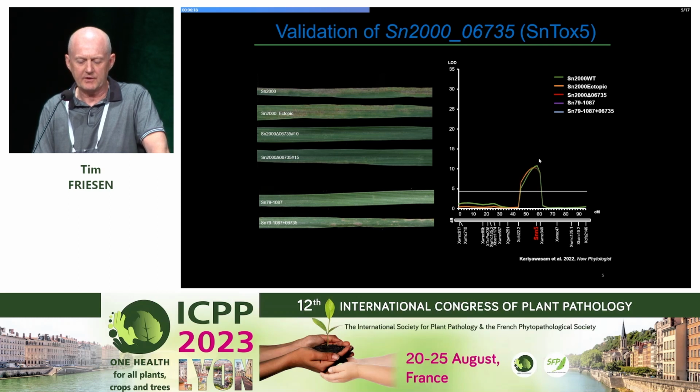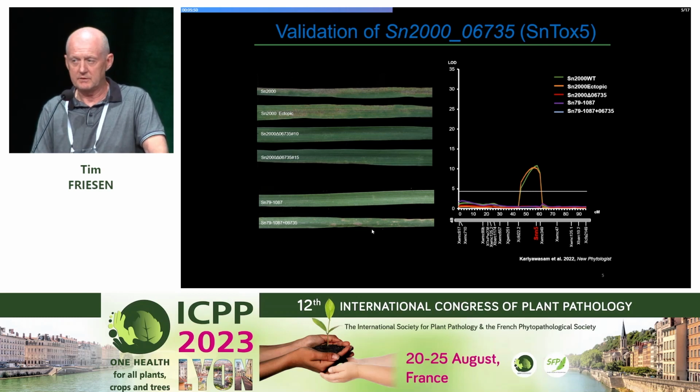Across the segregating host population, the two isolates that have TOX5 give us a strong association with SNN5, but the knockout, and also SN79 1087, a completely avirulent isolate, both just flatline, so there's no association with SNN5.